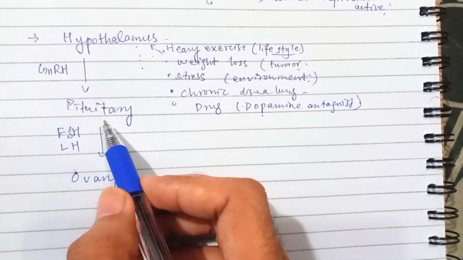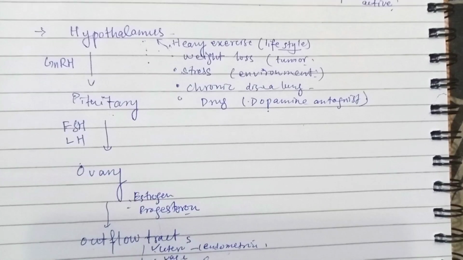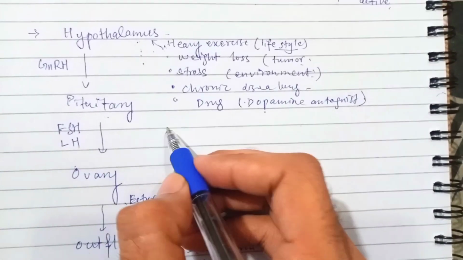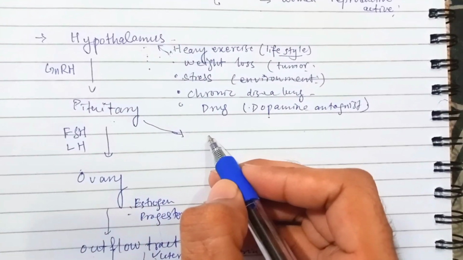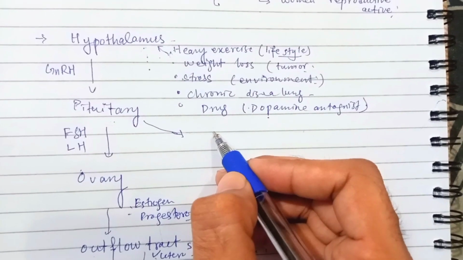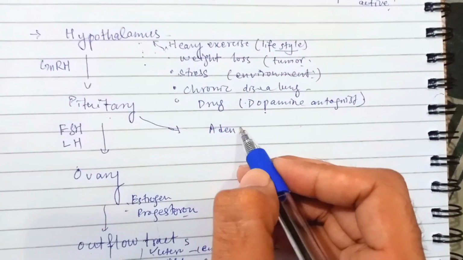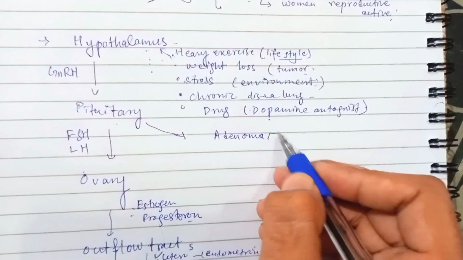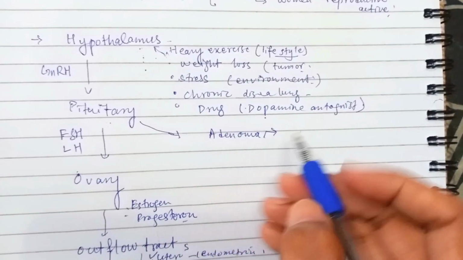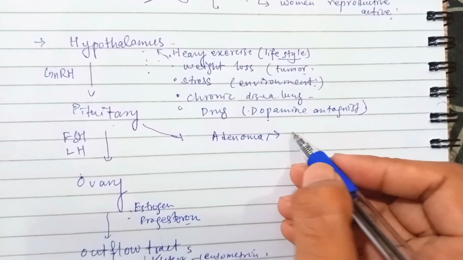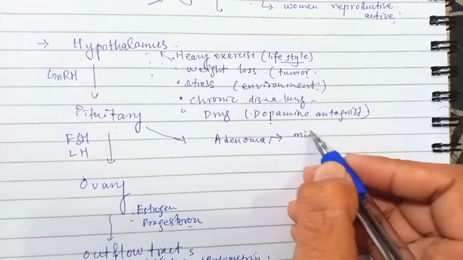Now we come to the pituitary. Is there any pituitary disorder that leads to the absence of menstruation? For this we have to know if there is any adenoma in the pituitary. How do we know if there is an adenoma that affects menstruation?